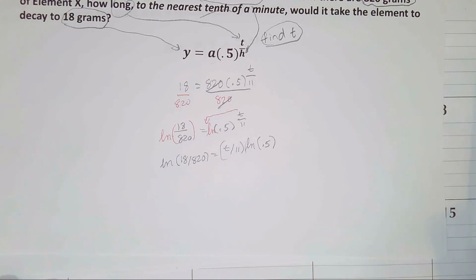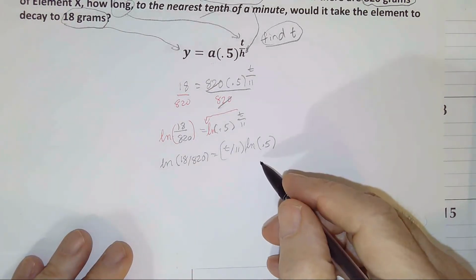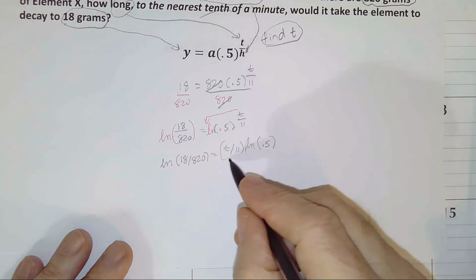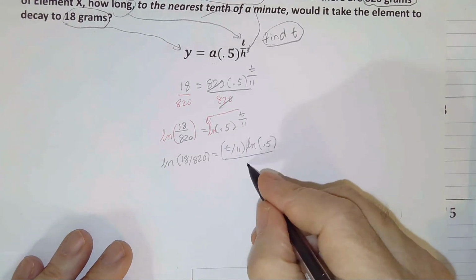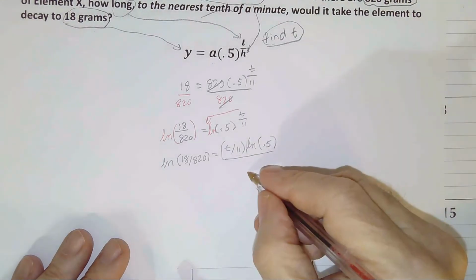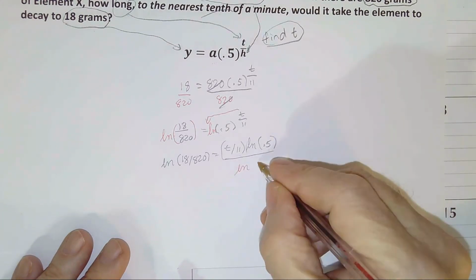Now we want to get the t over 11 by itself, so we want to get rid of the natural log of 0.5. So we're going to divide both sides by the natural log of 0.5.